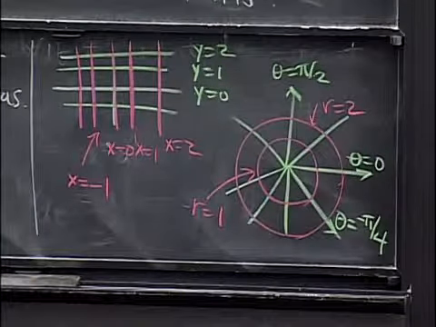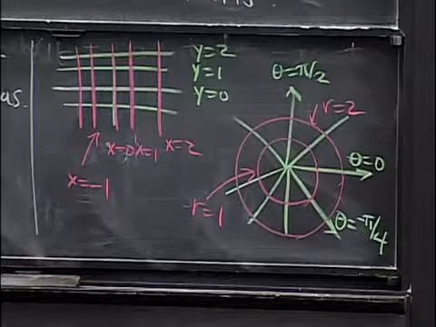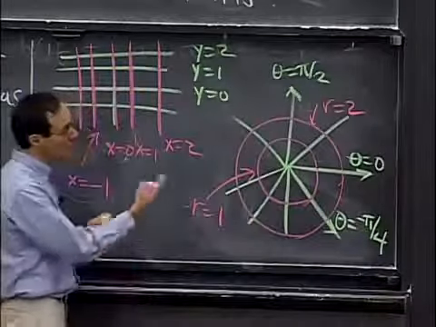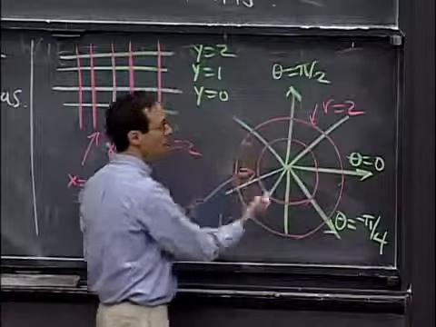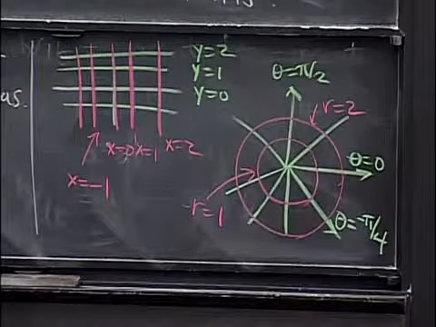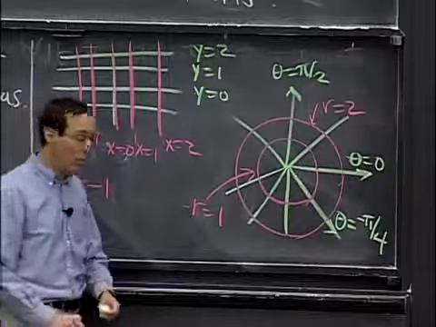All right? So it's a different coordinate system for the plane. And again, the letter r represents measuring how far we are from the origin. The theta represents something about the angle, which ray we're on. And they're just two different variables, and this is a very different kind of coordinate system.